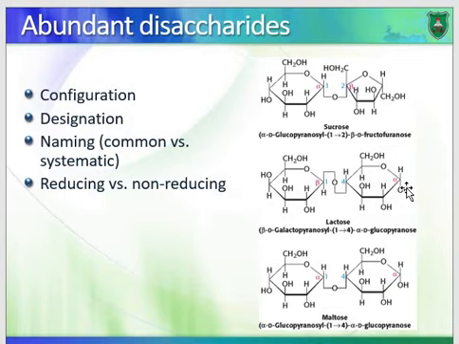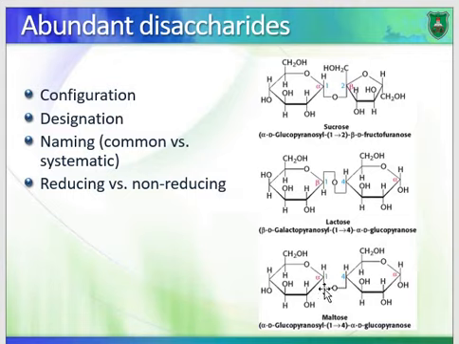Looking at maltose, the sugar of malt, which is present as well in Maltesers candy or chocolate balls. Maltose is made of 2 glucose residues, as you can see in here.